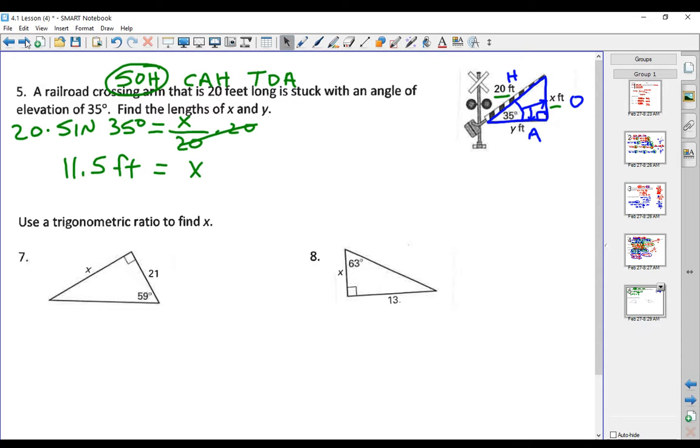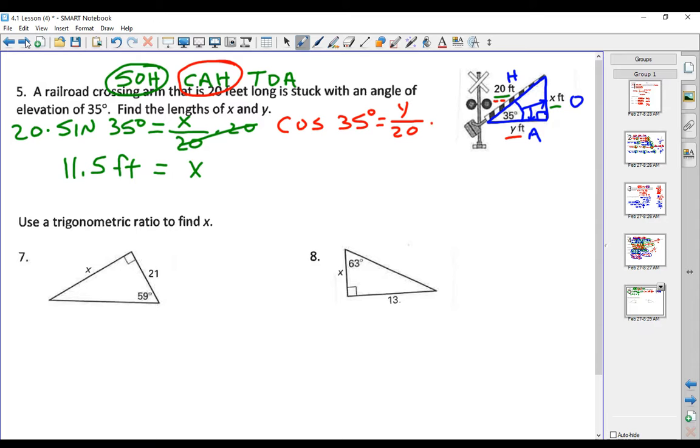Now, as far as Y is concerned, Y is the adjacent side. And again, I know the hypotenuse. Adjacent and hypotenuse is cosine. So the cosine of 35 degrees is equal to the adjacent side, which is Y, over the hypotenuse, which is 20.